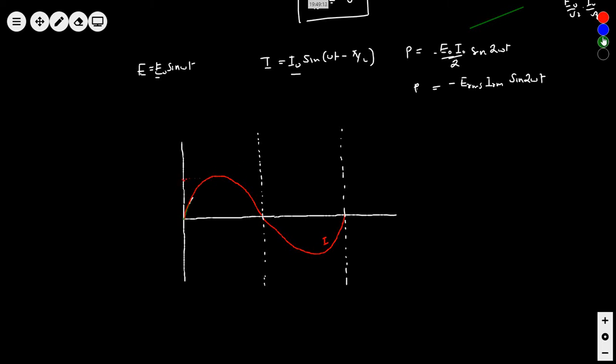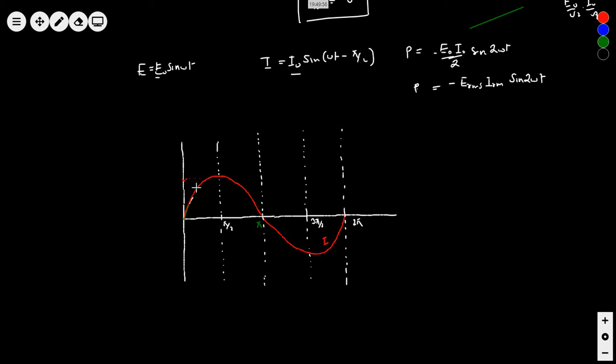Now the voltage is ahead by 90 degrees. If I am representing the current over one cycle, this point is pi by 2, this is pi, be very careful, this point is 3 pi by 2, and this is 2 pi. So voltage is leading, 90 degrees ahead.